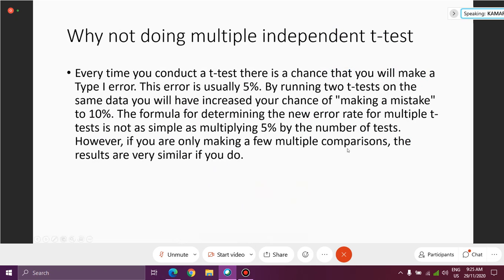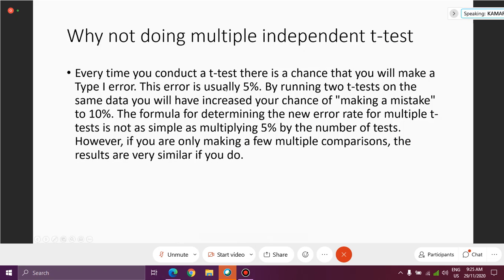Why not do multiple independent t-tests? The problem is that every time you do an independent t-test, you always get a type 1 error. For every analysis there will always be error, and that error we call type 1 error.